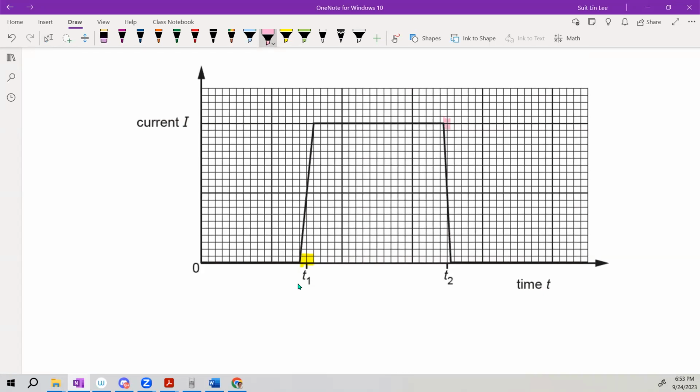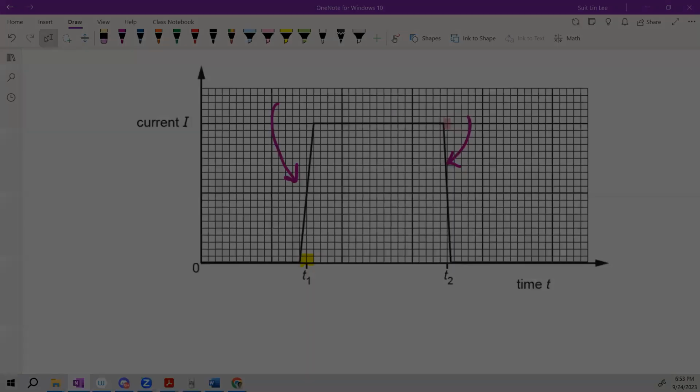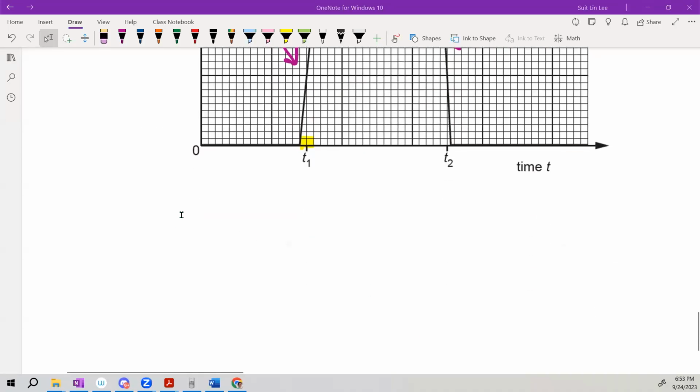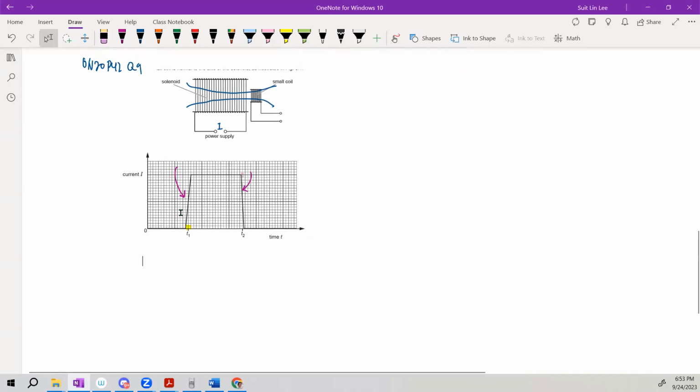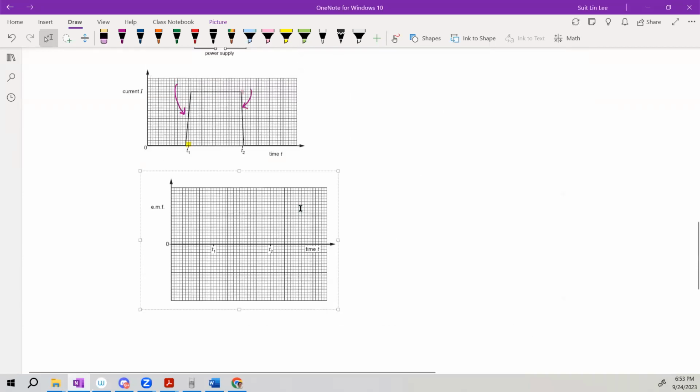So very similar to the question that we have just now, this gradient is half of this gradient. This means I am drawing the gradient. If you want to know the link between them, I'll write it down for you later, but give me a sec to paste the graph underneath.